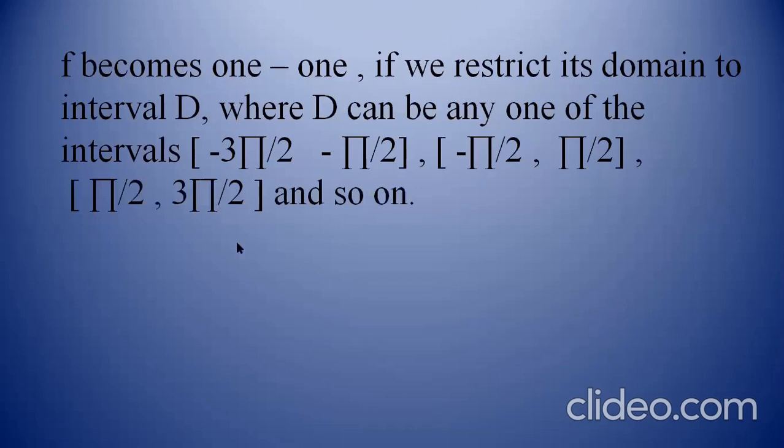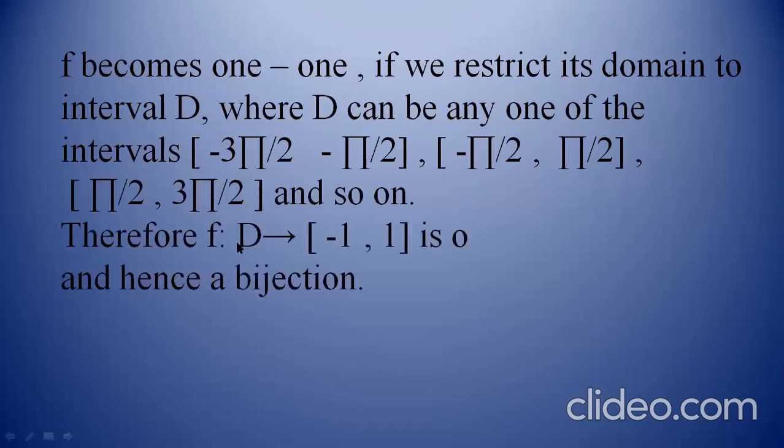If we restrict its domain, then the sin x function becomes the 1-1 function, and the range is already restricted in the closed interval minus 1 to 1. So that's why f is 1-1 and onto function.